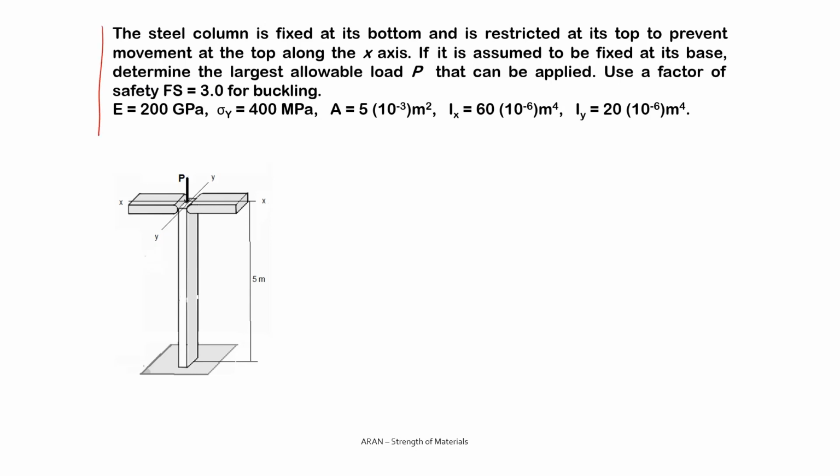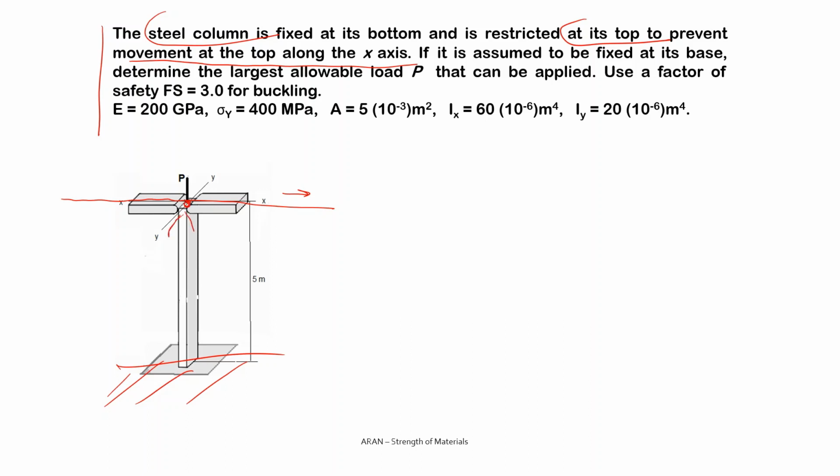So let's take an example, a steel column. In the bottom it is fixed, and at its top we have a prevention of movement along the x-x axis. So this is my x-x axis. This end cannot make any movement along this axis, but you see it can make rotation.